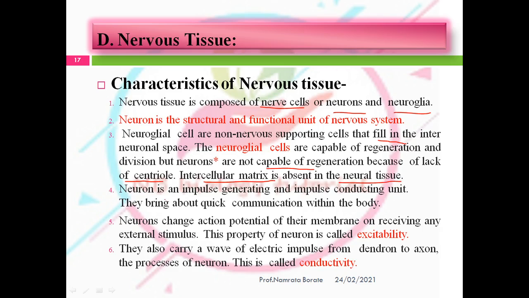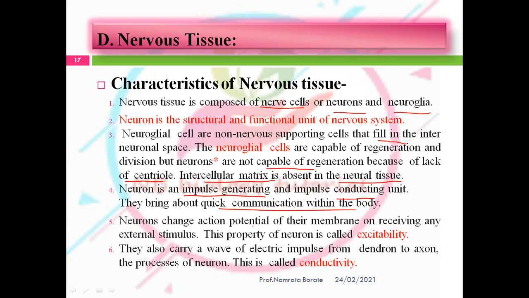Neuron. The neuron is an impulse generating and impulse conducting unit. This is a very important part. It has the ability to generate the impulses as well as the ability to conduct the impulses. They bring about quick communication within the body.